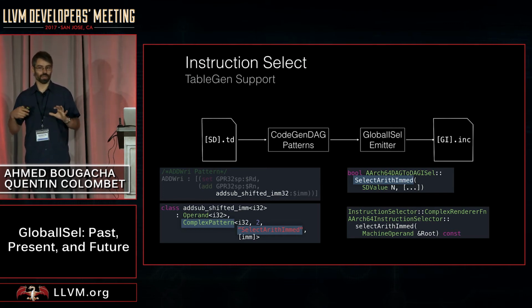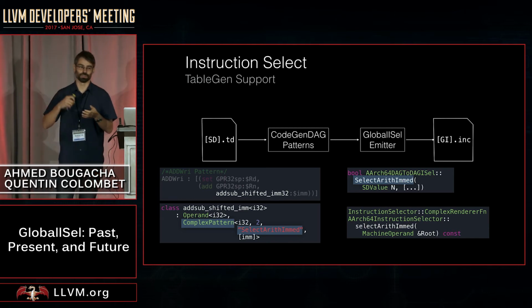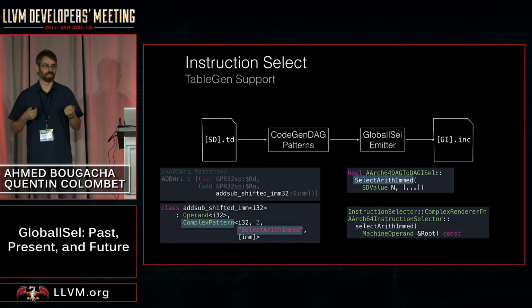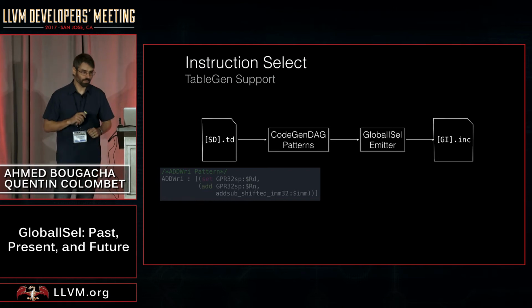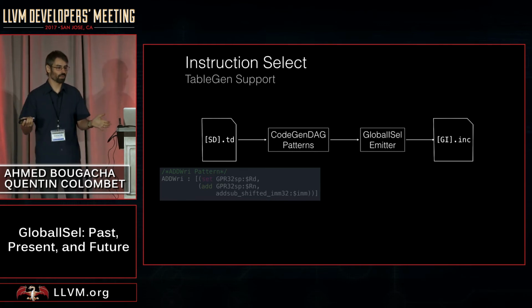But instead of changing some values in the prototype, you actually return a renderer function that is going to be covered during the tutorial. But basically, this is a lambda function that works on the MIBuilder, and you tell it how you're going to append your instruction to the currently built instructions. So, okay, we have everything we need to be able to support this pattern in GlobalISel. So what do we do about it?